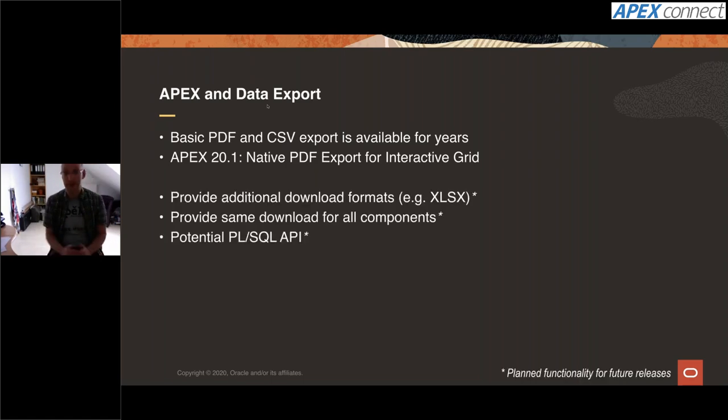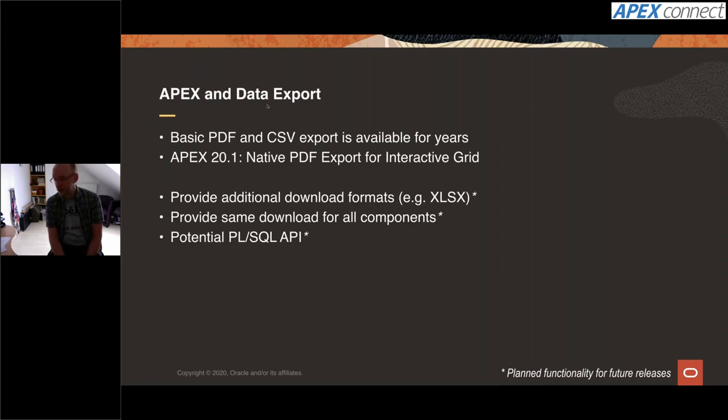So the thought is, of course, that we want to extend this in the future. So data export is something where we plan to have way more comprehensive support. So we plan to provide additional download formats. So XLSX is on our list, right? We plan to provide this for all the components.